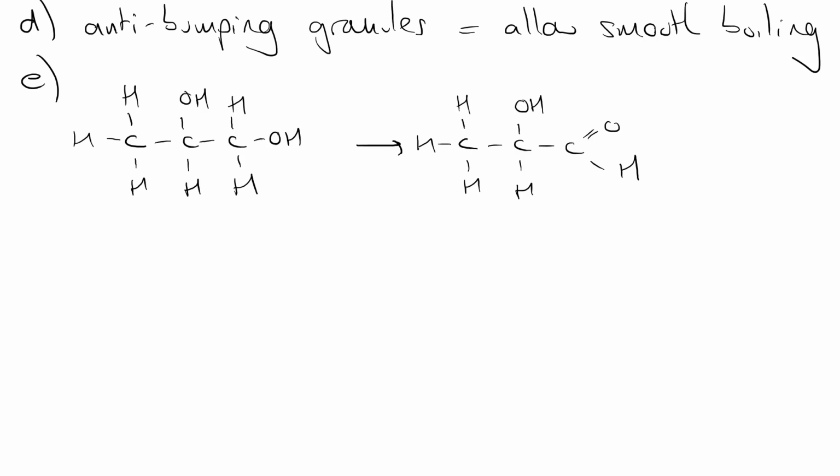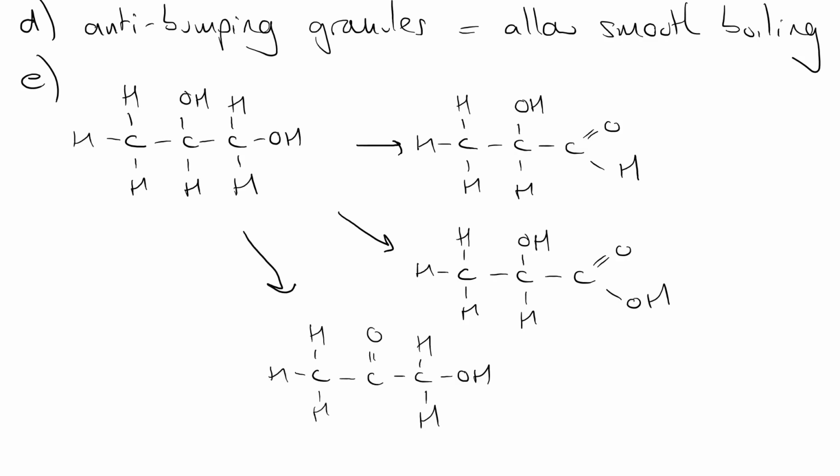And lastly, we're asked for products that would have formed during partial oxidation. So here, remember, we've got a primary alcohol and a secondary alcohol. Well, the first thing is if the primary alcohol only oxidizes to an aldehyde, not a carboxylic acid, that would be your first partial oxidation product. Or if that primary alcohol oxidized all the way to a carboxylic acid, but the middle carbon, the secondary alcohol, hadn't oxidized yet, that would be another partial oxidation product.